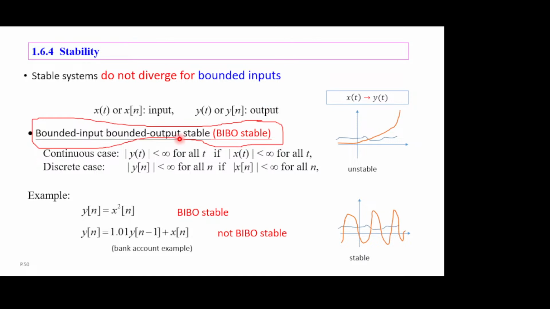So what's bounded input? Bounded input means that the absolute value of x of t is less than infinity, so for every t you have some finite value. That's what we call bounded.